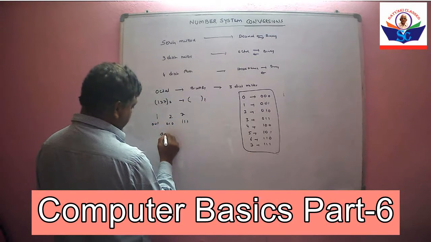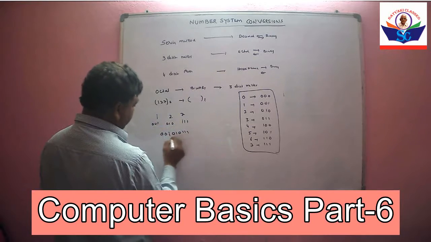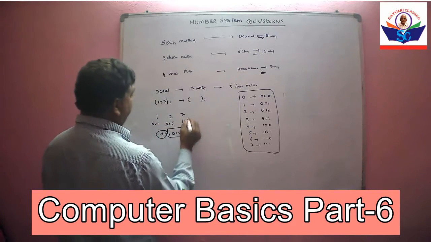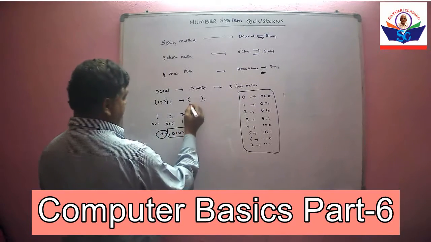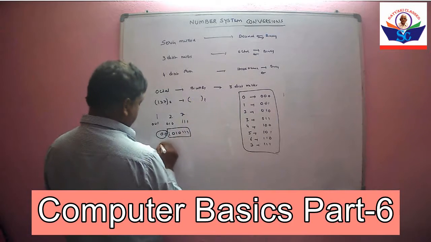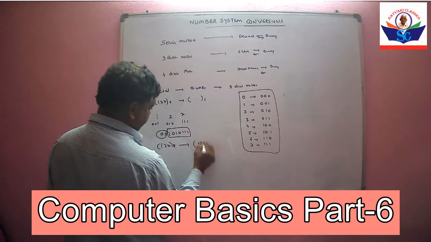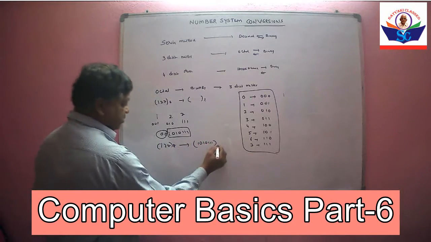Now we will write 0 0 1 0 1 0 1 1 1. We will remove these 2 leading zeros. These are the binary equivalent for 127 in octal number. So 127 in octal number is equal to 1010111 in the binary number system.